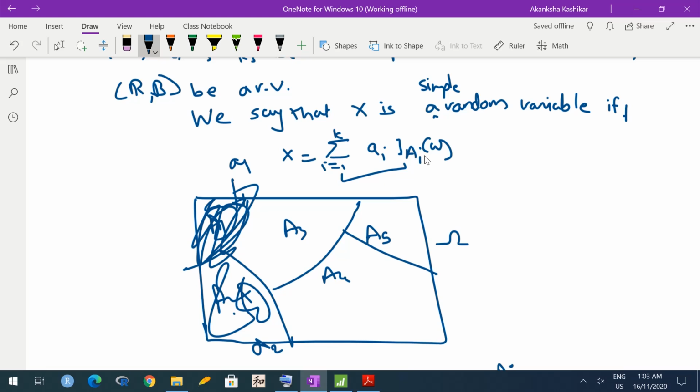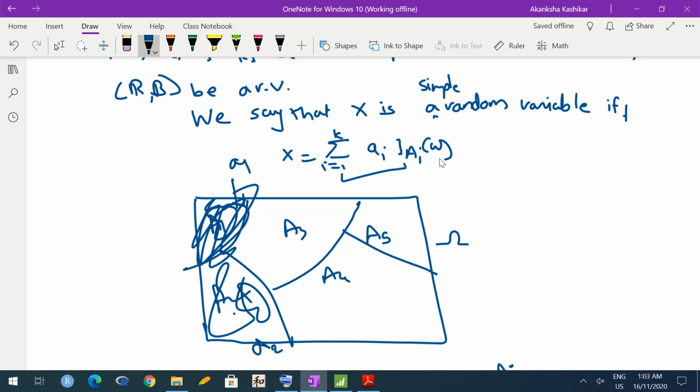The indicator function takes values 1 or 0. So the indicator of A_i at omega is 1 if omega is in A_i. If it is in A_i, it cannot be in any other A_j. For example, suppose omega is in A1. Because the A_i's form a partition, it cannot be in A2, A3, etc. So all those indicators would be 0 and we will be left only with a1 times the indicator of A1, so it is the same as a1.